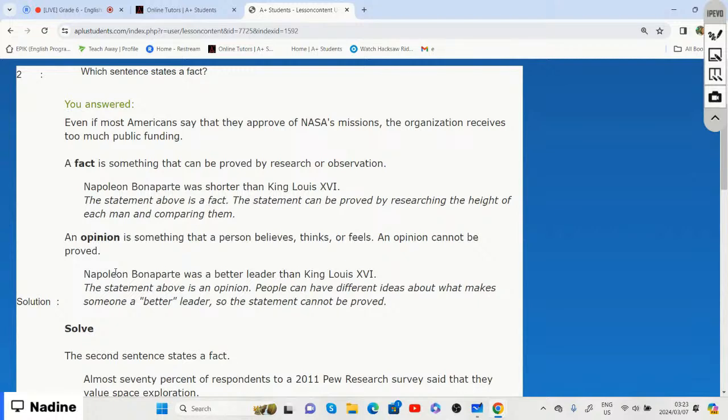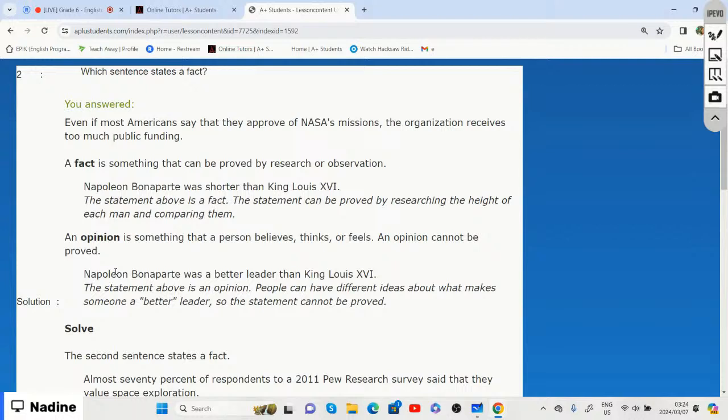You jot down your observations, you make notes, and that is a form of evidence. Or a fact is something that can be proven by research. Research can be on the internet, and research can even be based on conversations with other people. That is also research, or facts that are proven by research.